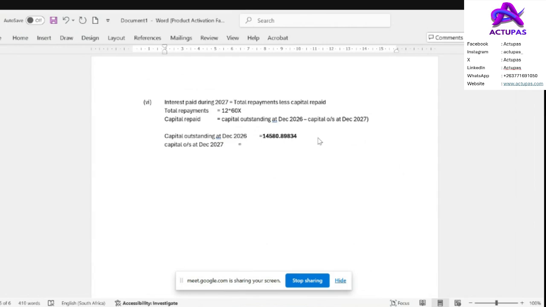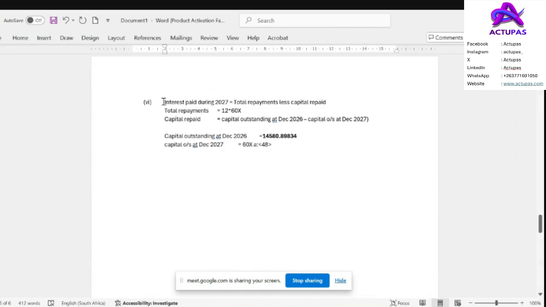As at December 2027, the payments now being made per month are 60x. You'll be left with 4 years of the loan, which is 4 times 12, 48. So it will then be 60x a 48, because you'll be left with 48 installments.